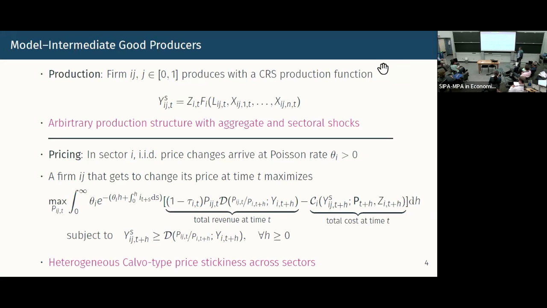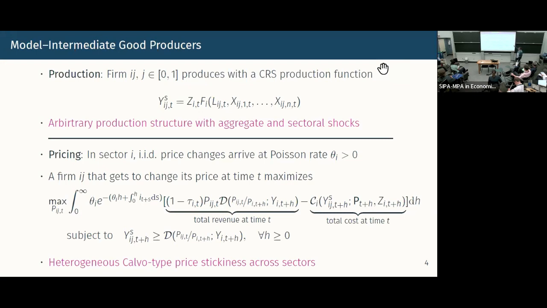They're going to discount future profits at the probability that they're going to be stuck with that price at a horizon h, and by the interest rate, or the stochastic discount rate of the household, coming from the cumulative interest rate until that point. They're going to have a total revenue implied by that price, and a total cost implied by that price that comes from an expenditure minimization problem that I'm not showing you.